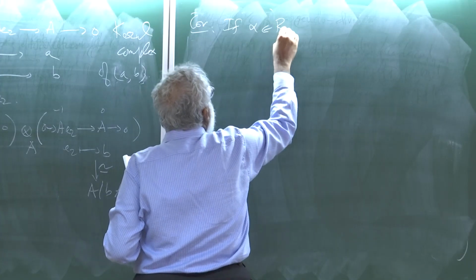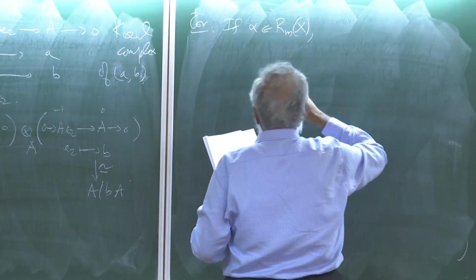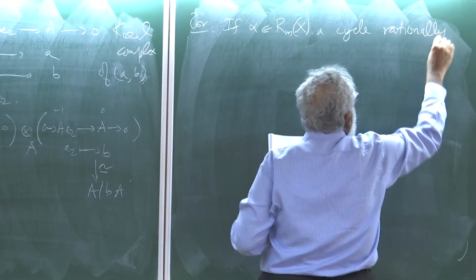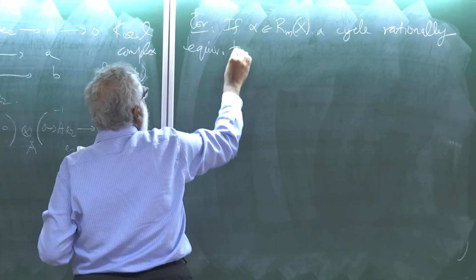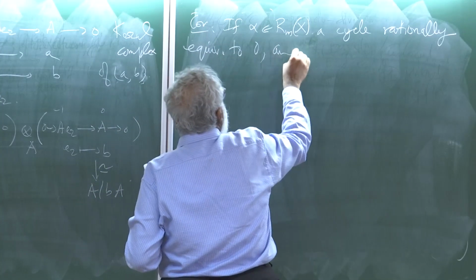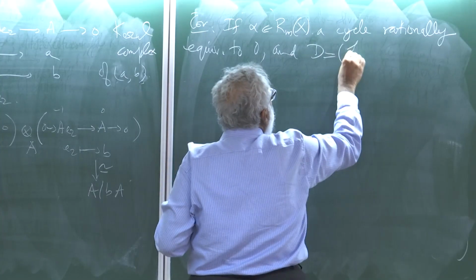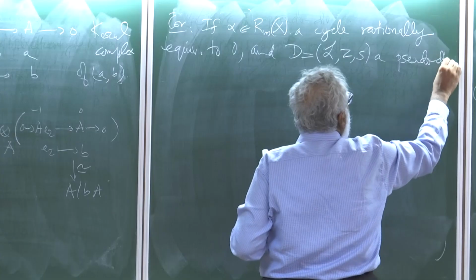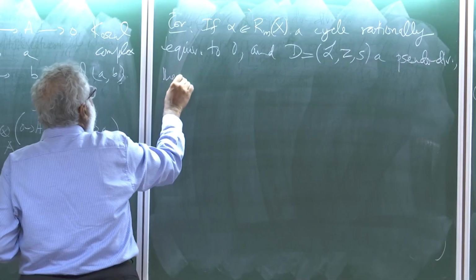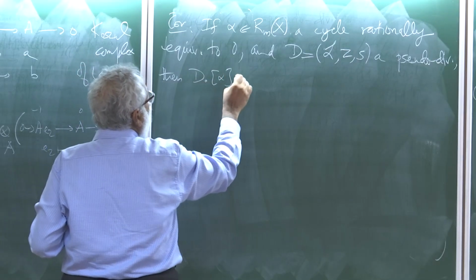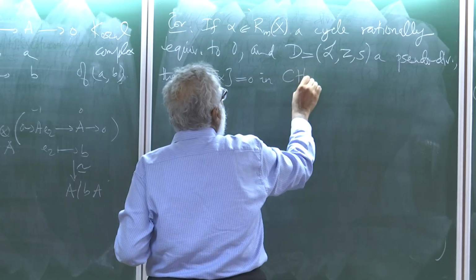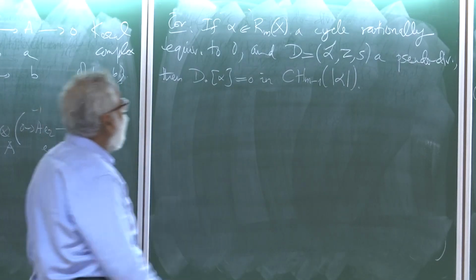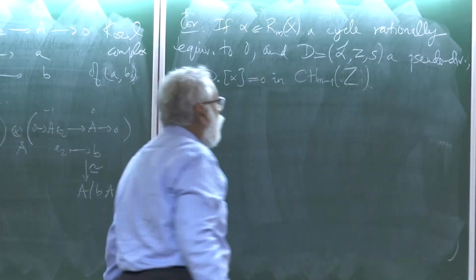If alpha in R_m x for some x is a cycle rationally equivalent to 0, and if I let D be any pseudo divisor, then, sorry, not mod D, let me write it like that.